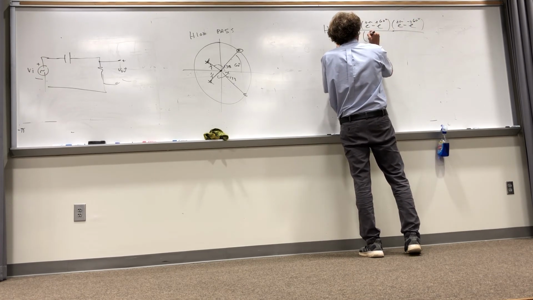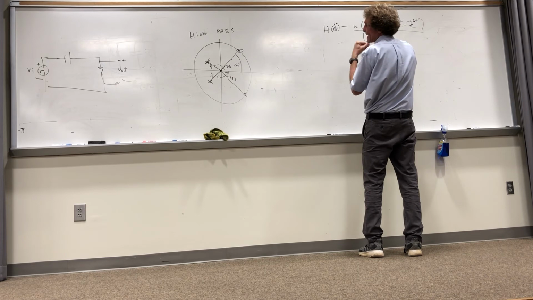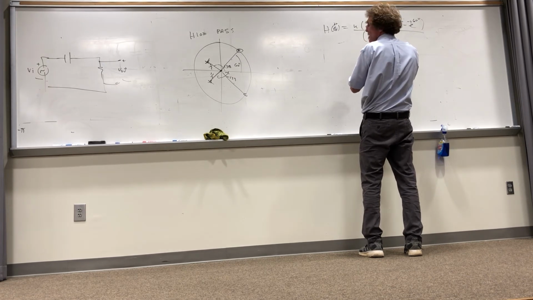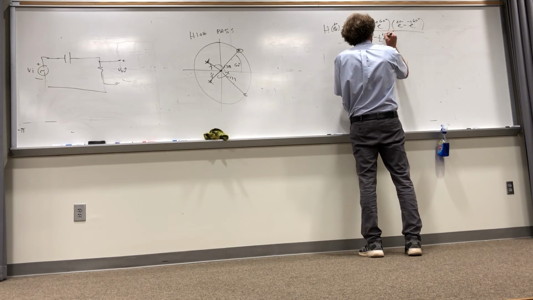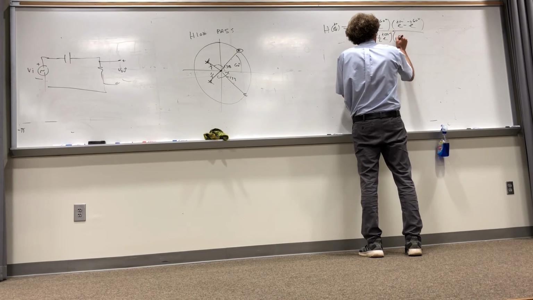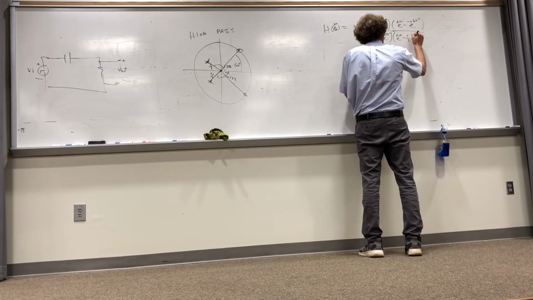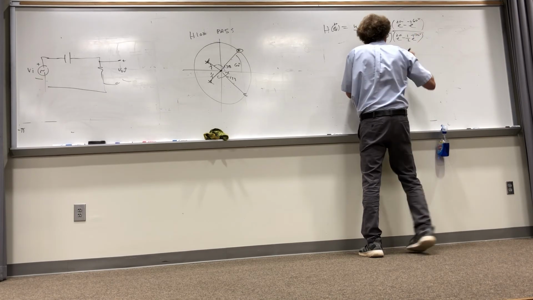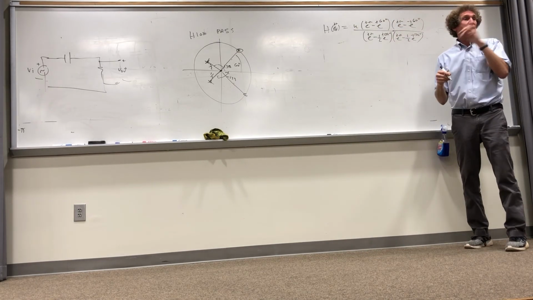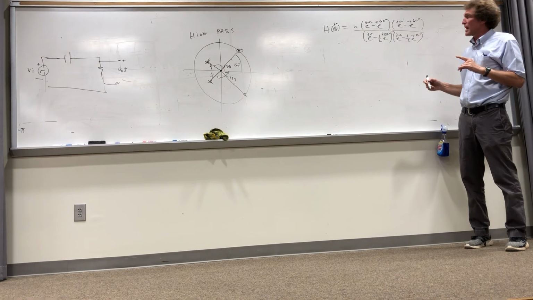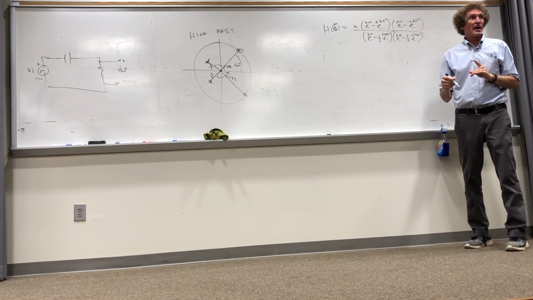Here it's going to be e to the j omega minus 1/2 e to the j 139 degrees, and then e to the j omega minus 1/2 e to the minus j 139 degrees. And when you plot that, you will find that, in fact, you get a high pass filter.